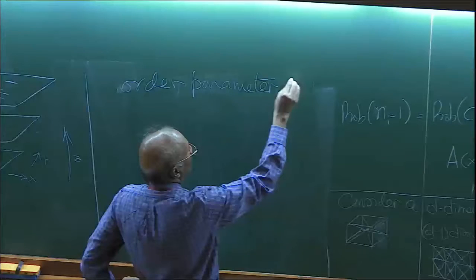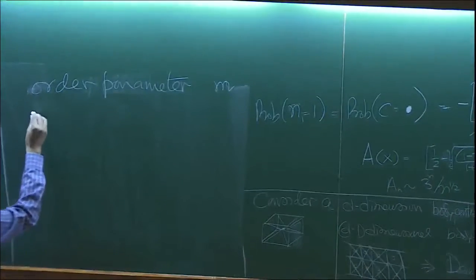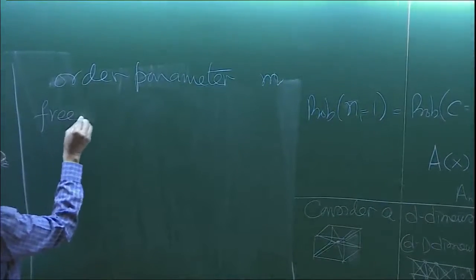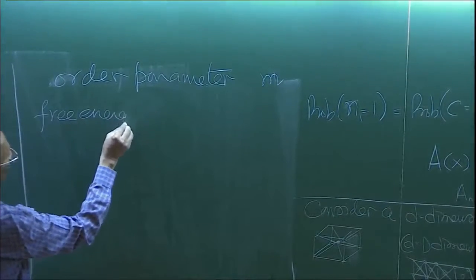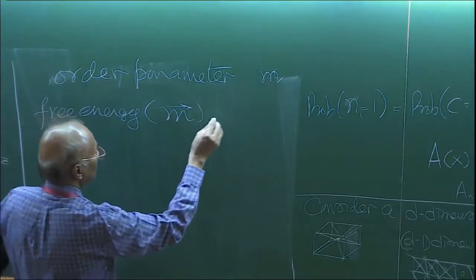So one says you have some complicated system, there is some order parameter. So you have to choose the order parameter M. And then one says that write a free energy formula, free energy as a function of M, consistent with the symmetries of the system.